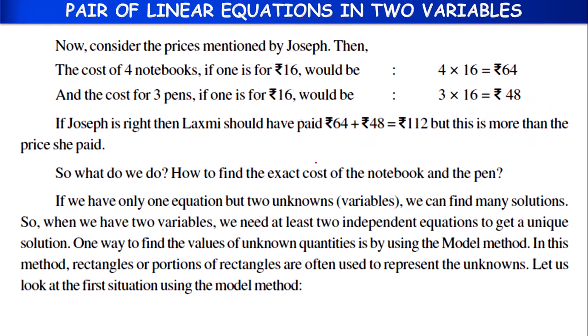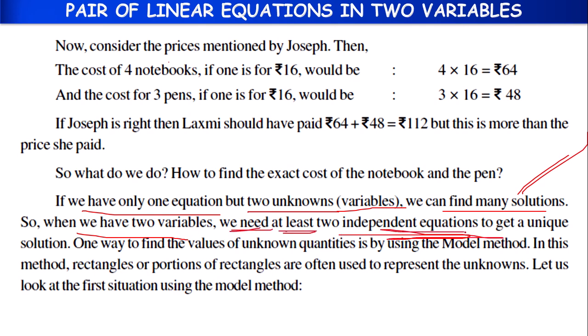So based on only one condition, we cannot guess the two values. If we have only one equation but two unknowns, two variables, we can find many solutions, like Joseph and Rubina did. When we have two variables, we need at least two independent equations to get a unique solution.